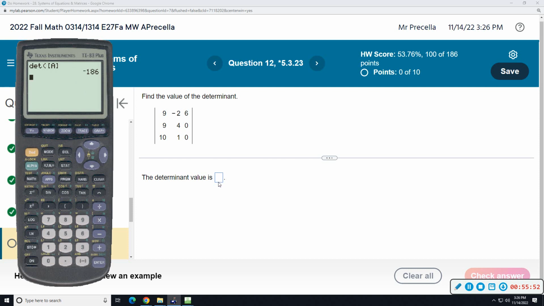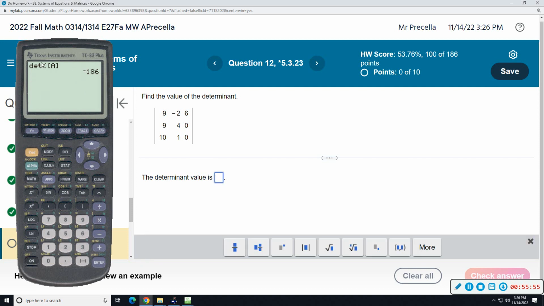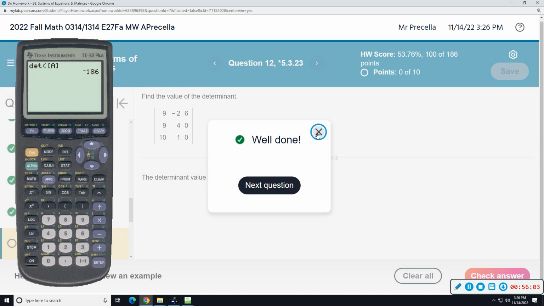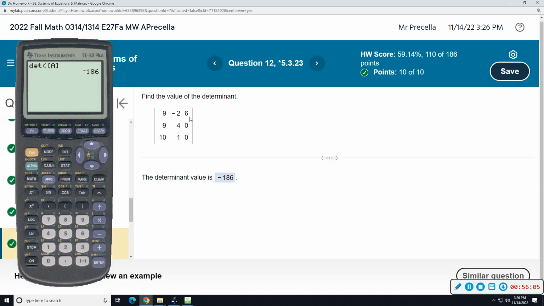Being able to use it with this calculator actually makes it considerably easier, especially for very large ones, to find the determinant of a 4x4 or 5x5 matrix. If you're a math major and years later you're doing some linear algebra, this calculator makes it a lot easier. Okay?